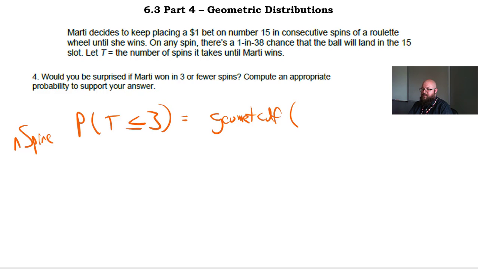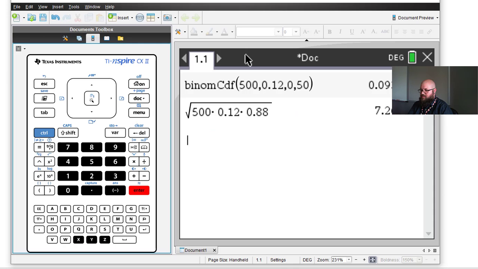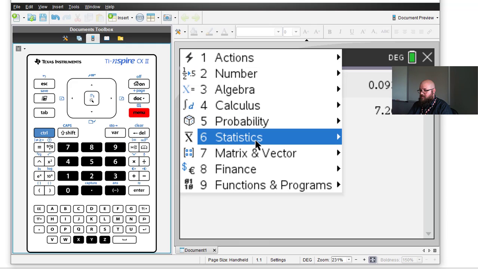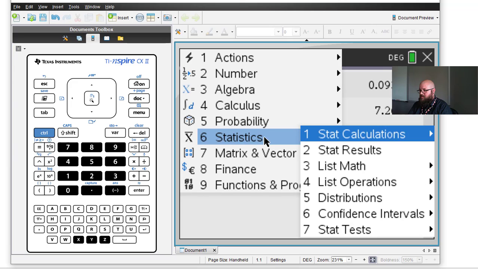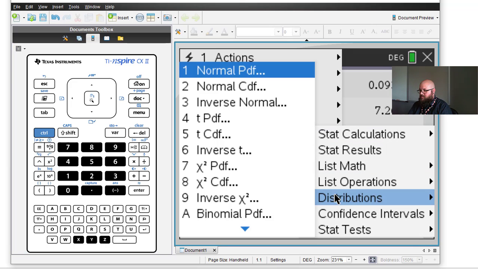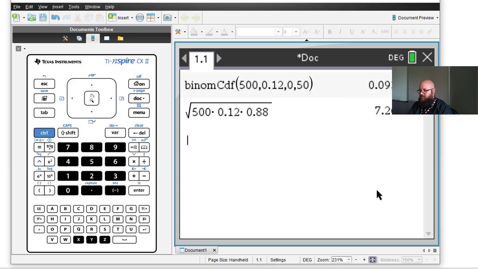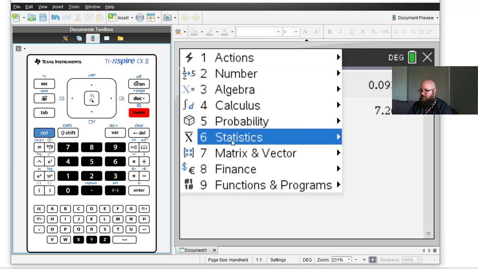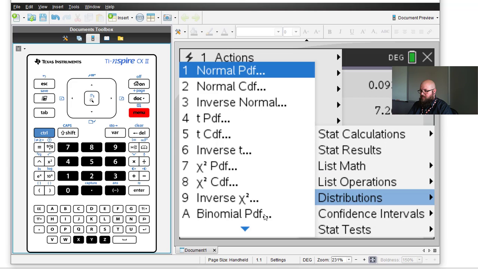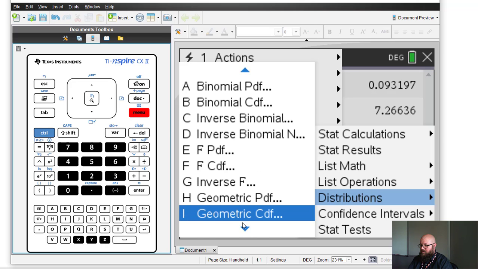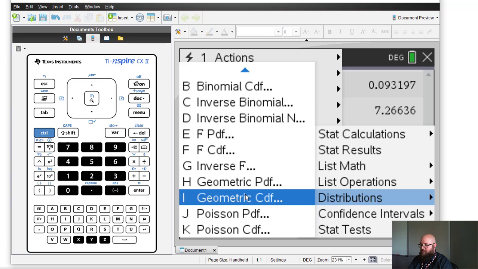So on the TI Inspire, we would simply go to our menu, 6, distributions, there it is, geometric CDF.